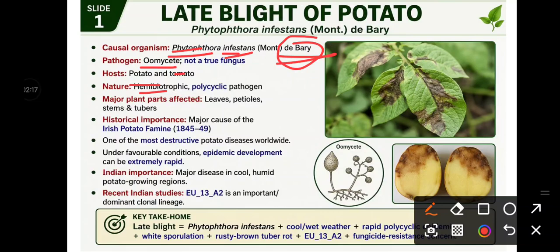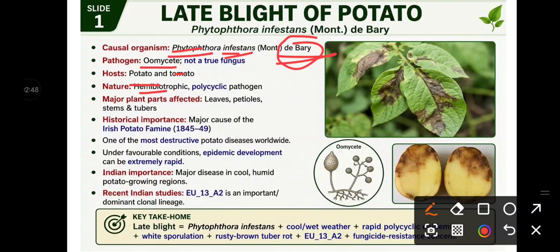Biotrophs are pathogens that need a living host. They derive their nutrition from the living host only, whereas necrotrophs first kill the host by using toxins or some other metabolites. Then after killing the host, they derive their nutrition from the dead host or dead cells. So the hemibiotrophs are in between the biotroph and the necrotroph.